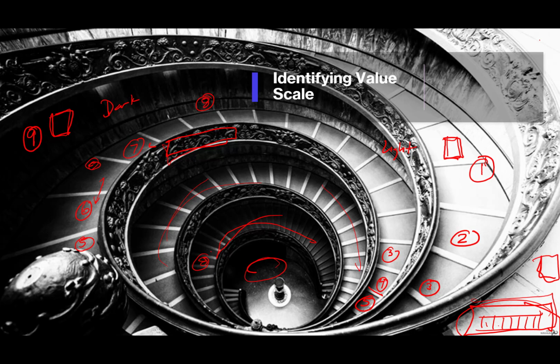But then this idea of getting the sense of it, that it's spiraling down, the reason that we perceive it this way is because of that changing gradient of value scale. If this whole picture was all just one single shade, you would not get the implied depth of the spiral going down.